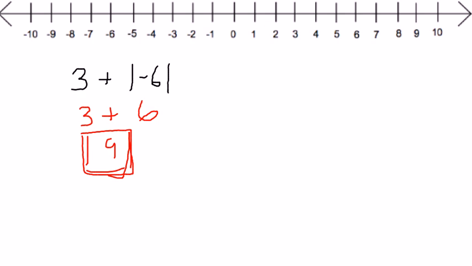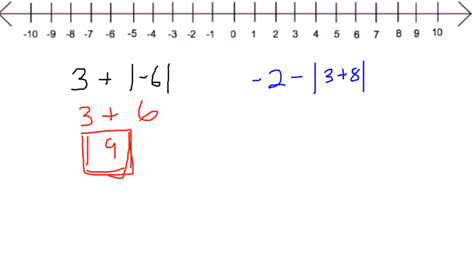Let's try a couple more. Negative 2 minus the absolute value of 3 plus 8.